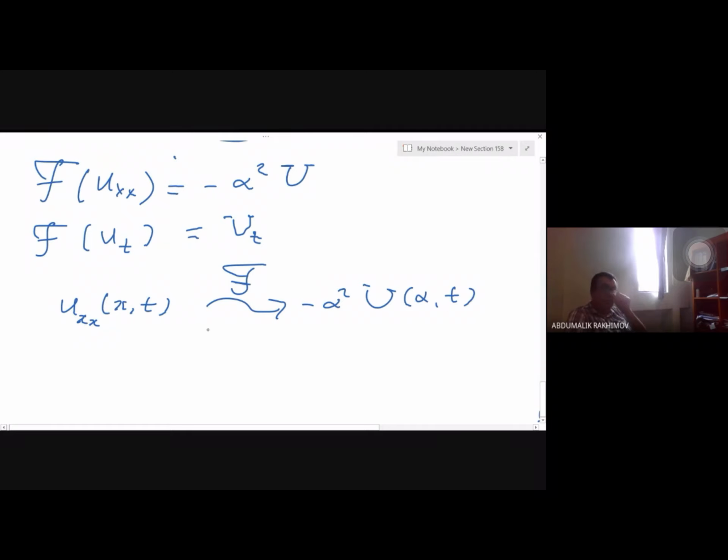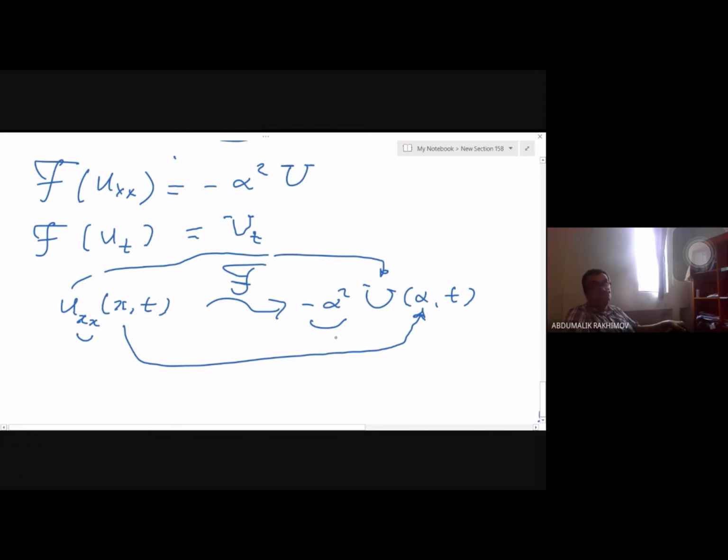So you can see the derivative is changed to minus alpha squared, x is changed to alpha, and u is changed to U capital. And you can see t is not changing because the transformation is with respect to x.